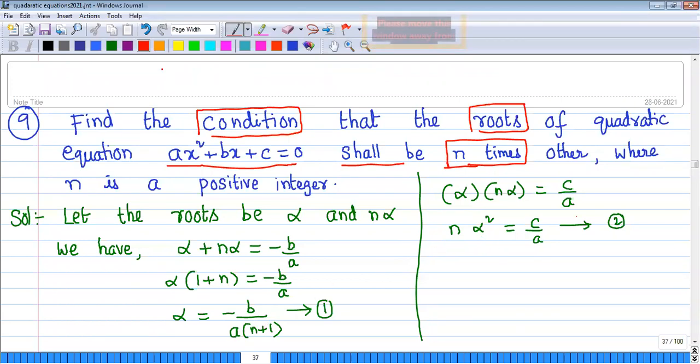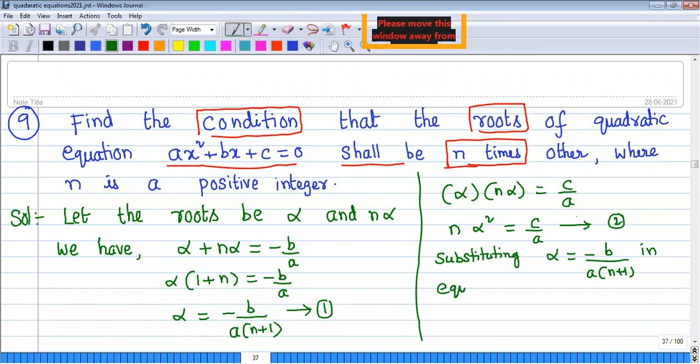That means substituting alpha is equal to minus b upon a times (n plus 1) in equation 2. That means in the place of alpha, you substitute minus b upon a into (n plus 1).